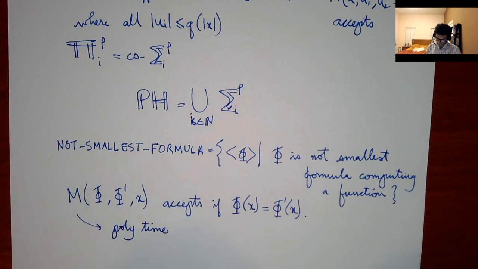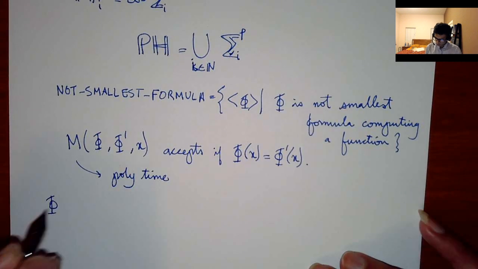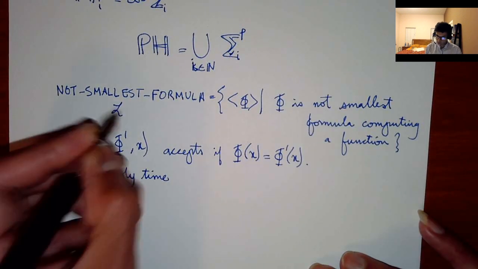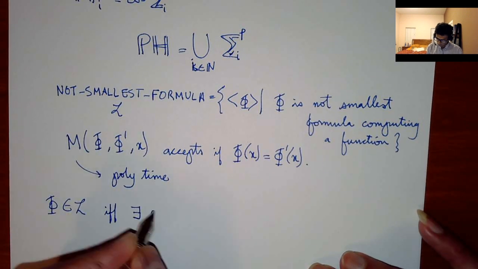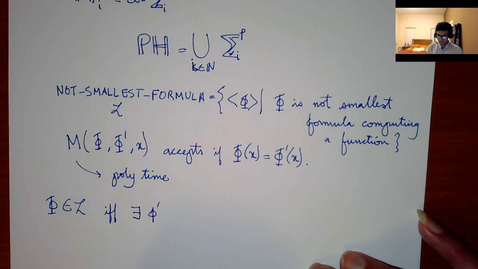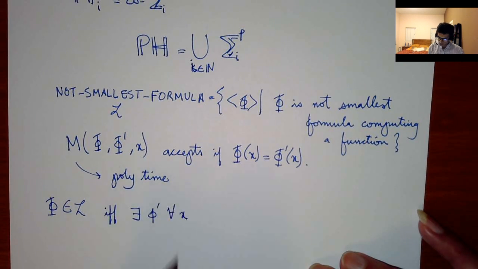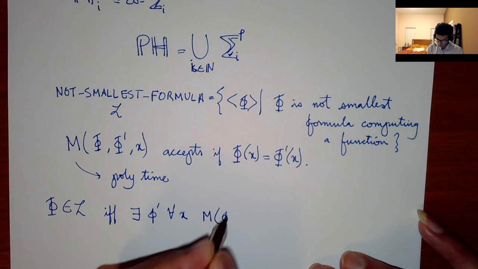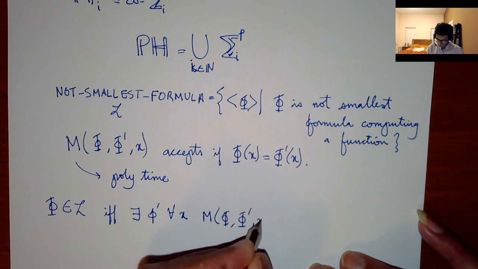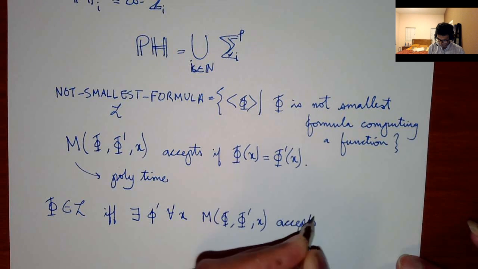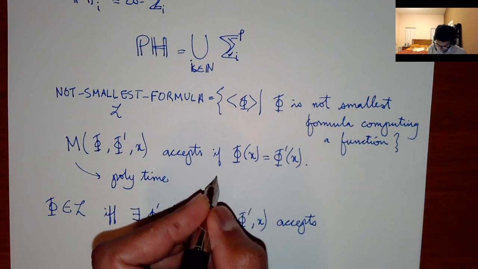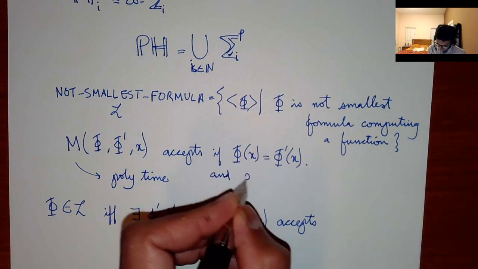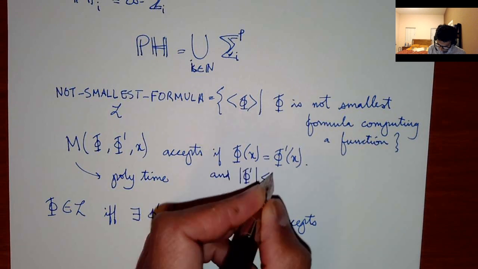Okay. So what we can say is, let me refer to this as L, phi is in L if and only if there exists a phi prime such that for all x, M(phi, phi prime, x) accepts. Right? So I should say M accepts if this happens and phi prime is smaller than phi.